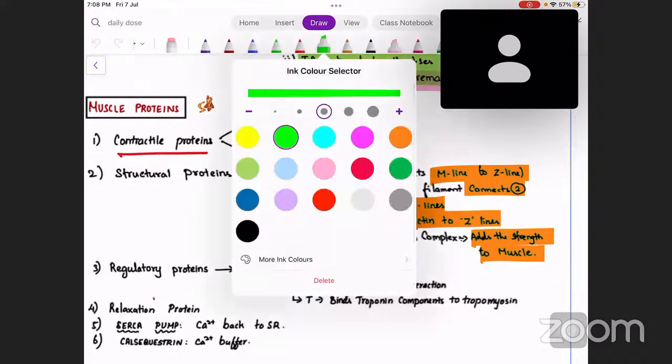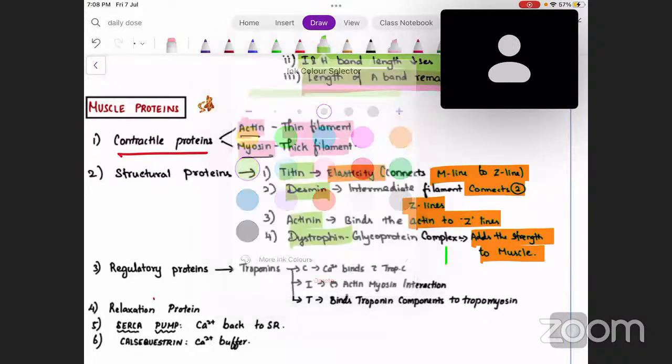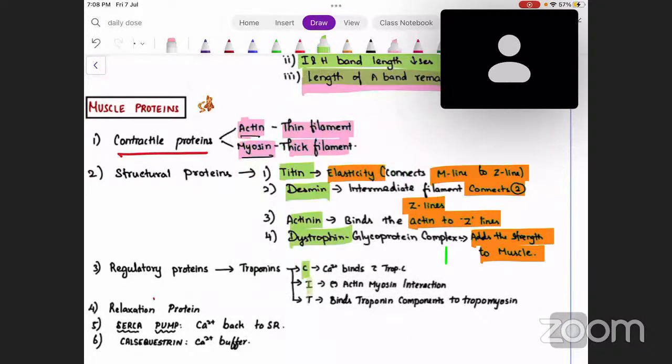We have 3 types of troponin: troponin C, troponin I, and troponin T. Troponin T binds the troponin to tropomyosin, calcium binds with troponin C, and troponin I inhibits the actin-myosin interaction.